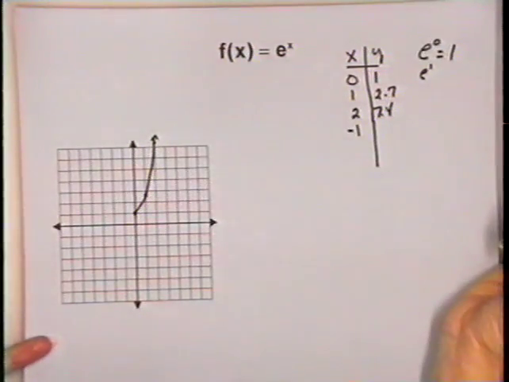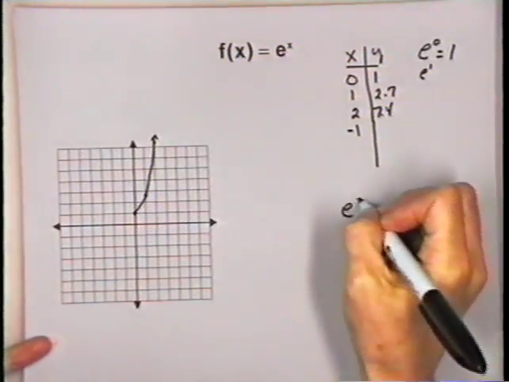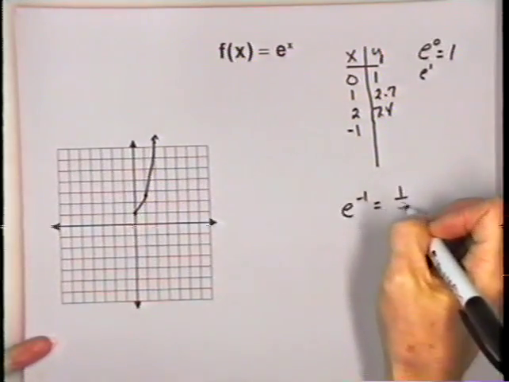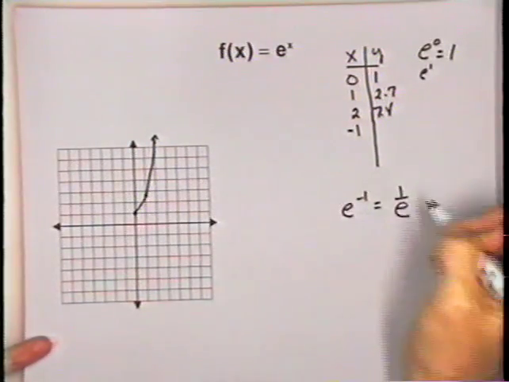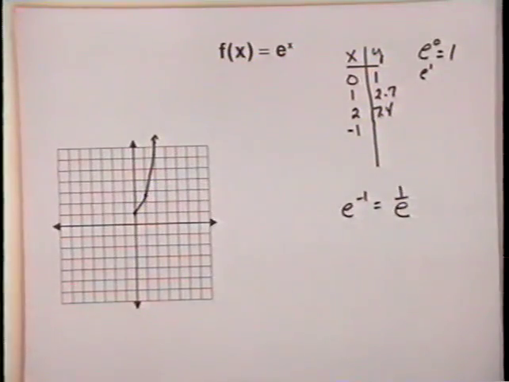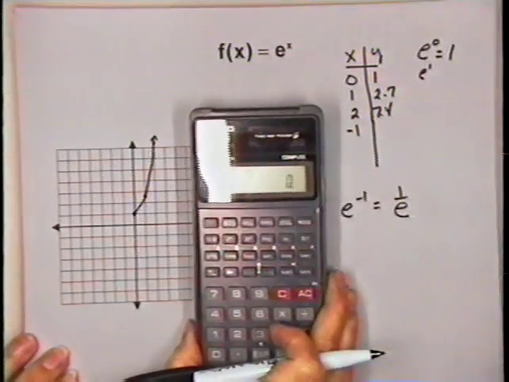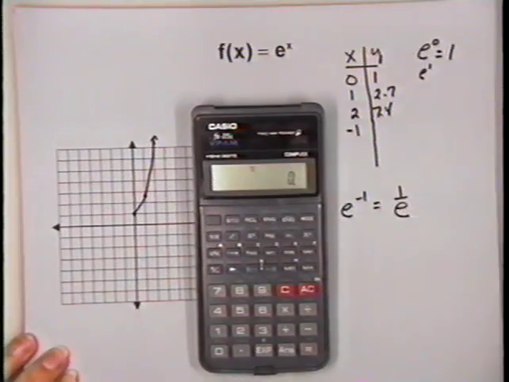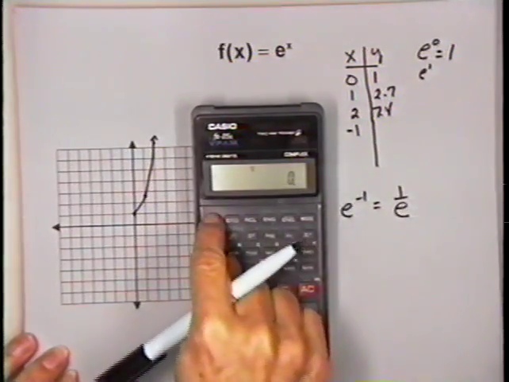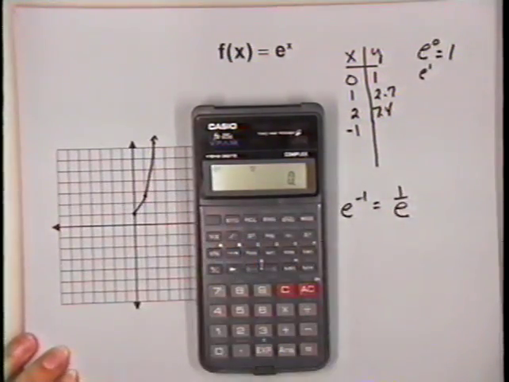What if x is negative 1? Well, e to the negative 1 means, of course, 1 over e, doesn't it? 1 over about 2.7. But let's show you with our calculator that I can do that as well. What I'm going to do is to get that e to the x function down here. My exponent is negative 1.